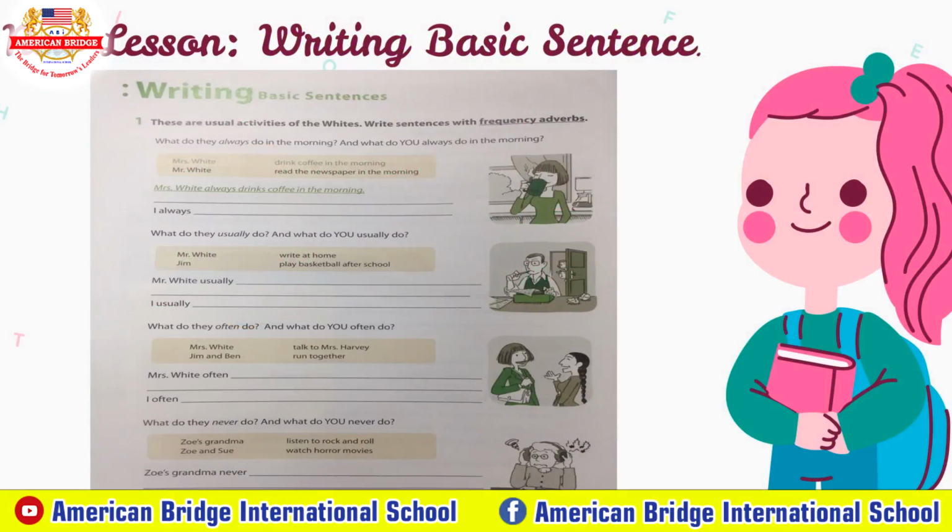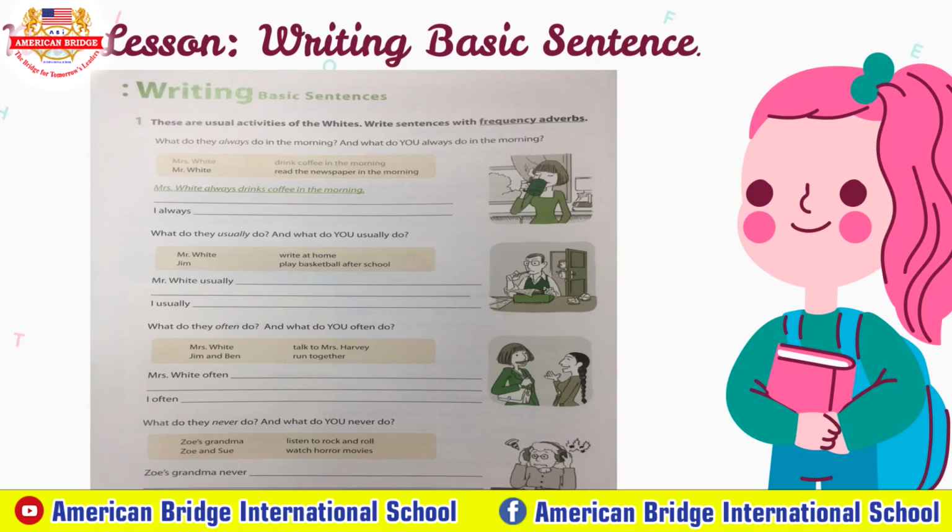Alright, everyone, so let's move on to our new lesson for today, writing basic sentences. Now, for this textbook exercise or activity, you are going to write sentences with frequency adverbs. Now, what do they always do in the morning? And what do you always do in the morning? So that one is the first question.